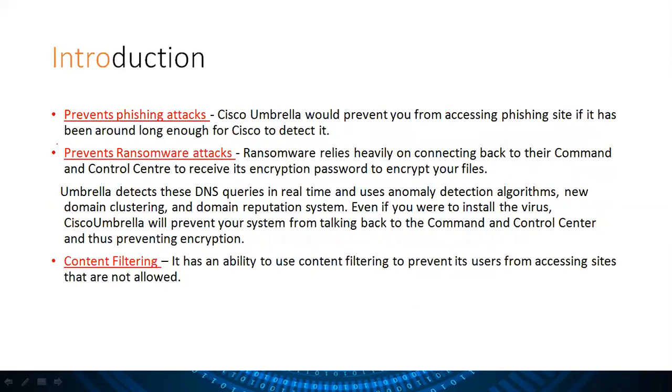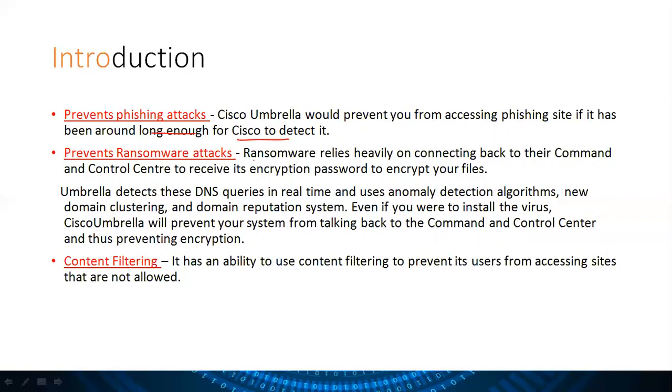Cisco Umbrella protects against phishing attacks, where it prevents you from accessing a phishing website, even if the website has been on the internet for only a short time, for Cisco to detect it. It can also prevent ransomware attacks, because once the user is infected, ransomware will try to connect back to the command center server.